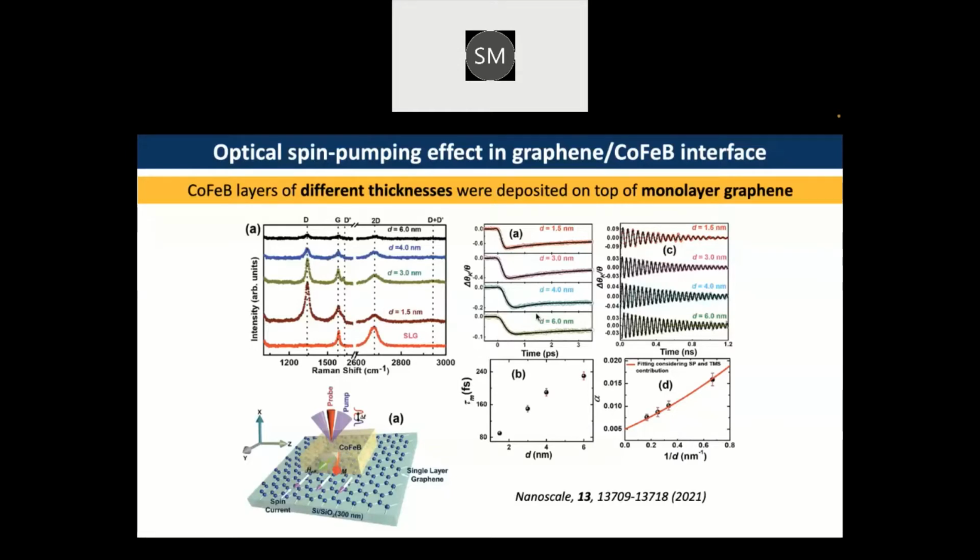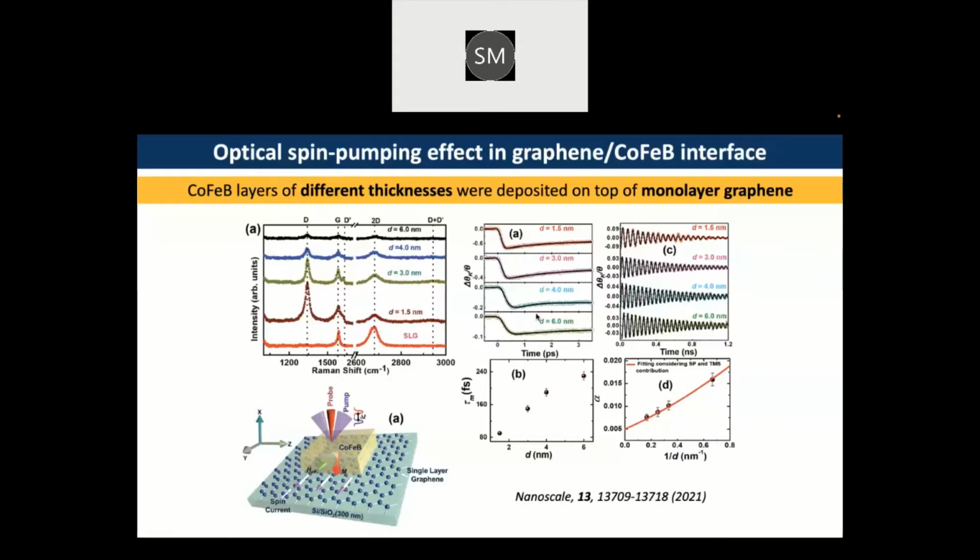They found that demagnetization time and damping are inversely proportional, which indicates presence of spin current dependent effects in the samples. The spin mixing conductivity that they obtained experimentally is considerably high, similar to the heavy metals. So this seminal work confirms that graphene is a good spin sink material.